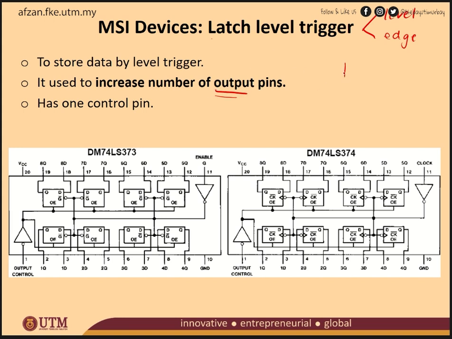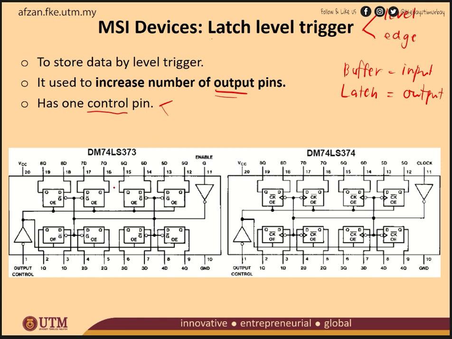Earlier the buffer was used to increase inputs, so the latch is used to increase the number of output pins. The latch also has 1 control pin, which is used to enable which latch you are going to read and which latch you are going to turn off.